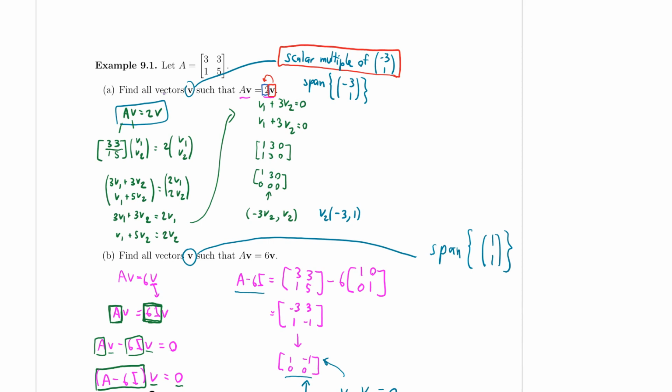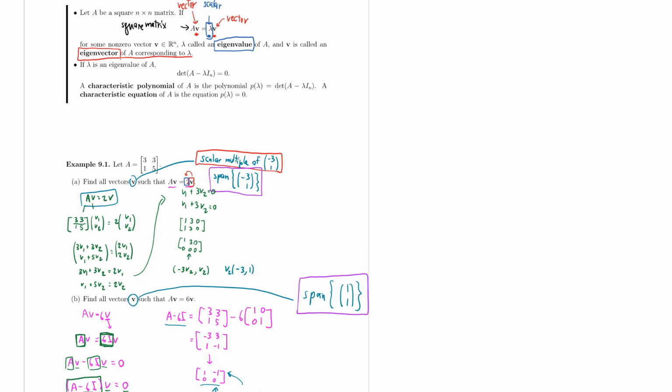Notice how the answers for the two questions that we see here are not the same. For all the vectors v that make A v equal to 2v, those are the span of negative 3 and 1. And for those vectors v that make A v equal to 6v, those are the span of 1 and 1. So then, notice how if you only talk about the eigenvector, it's not clear which eigenvalue these vectors belong to.